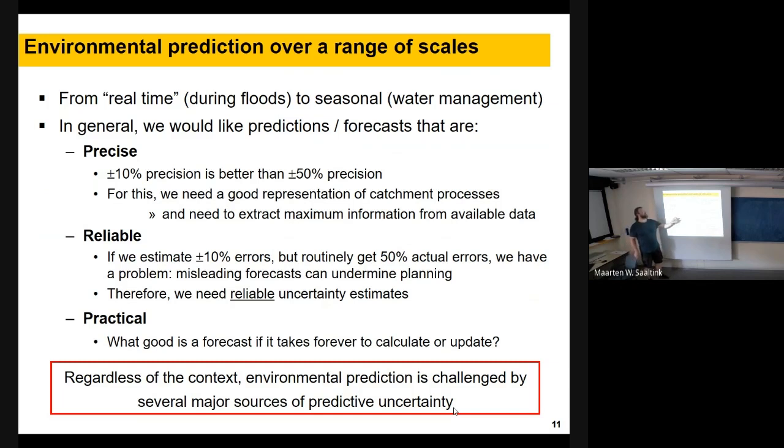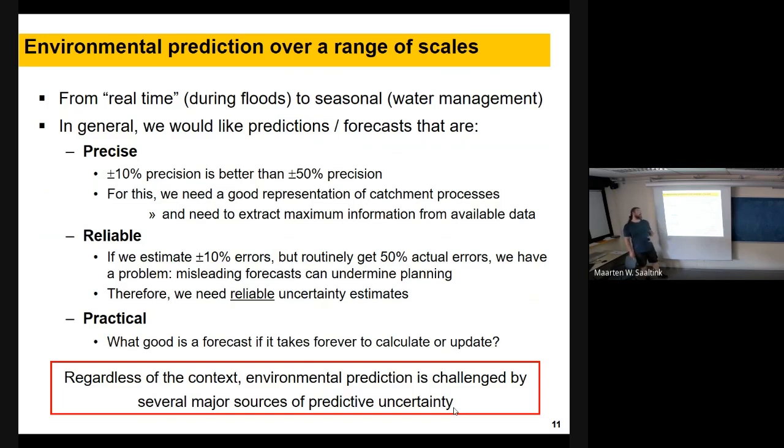So, for example, if we say that our prediction has plus or minus 10% errors, but in reality the errors are over 50%, then we have a problem. We have a misleading, over-optimistic prediction. So when we report on uncertainty, generally speaking, we would like the uncertainty to correspond to the actual errors. In this context, that is what we refer to as the reliability of the prediction.